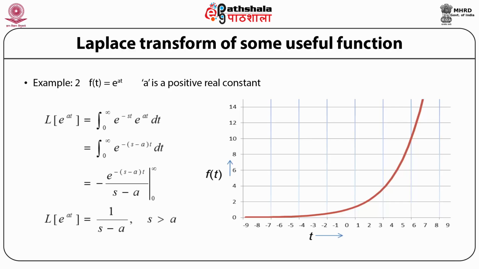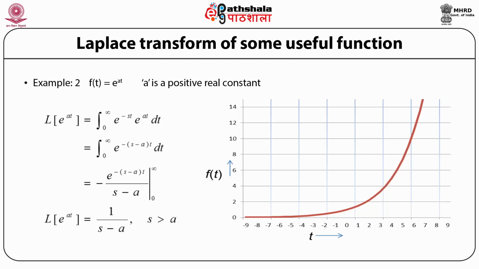Then L of e power at is integral 0 to infinity e power minus st into e power at dt. So we can sum the terms inside, and write it as e power minus of s minus a times t dt.